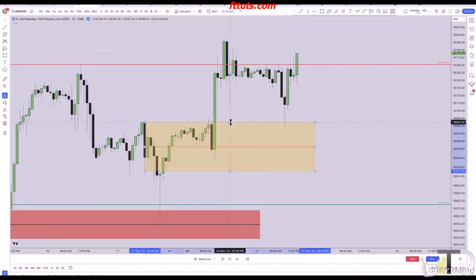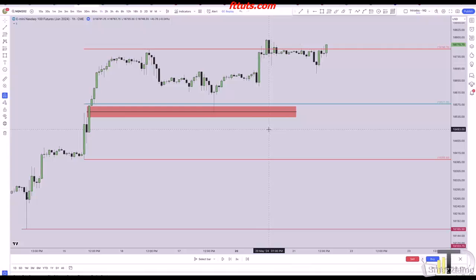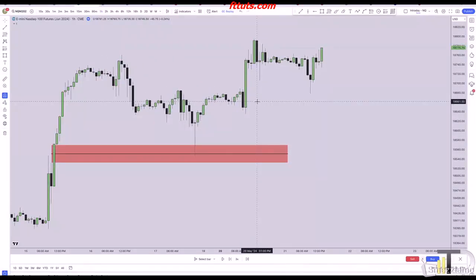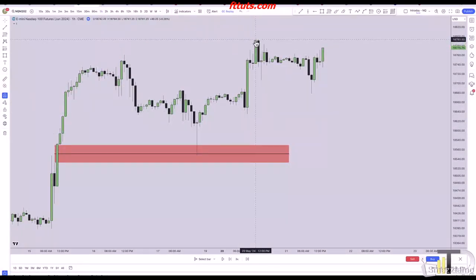Now, let me also draw your attention to another order block here that we should be aware of. With this close of this candle, this particular candle right here, this green candle, pay your attention to the series of this down close candle.